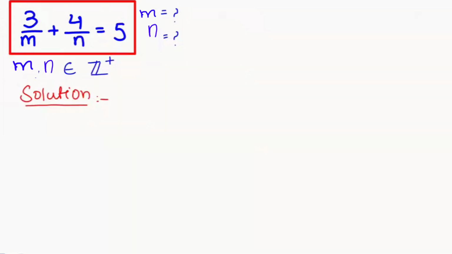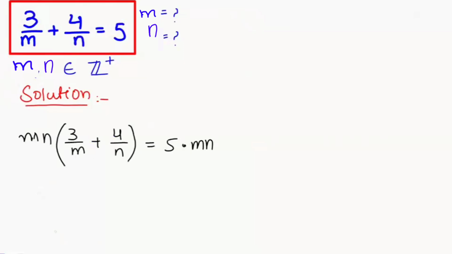In the first step, I am going to multiply both sides by m times n. 3 over m plus 4 over n equals 5 times mn. Now we are going to multiply this mn with this whole bracket.